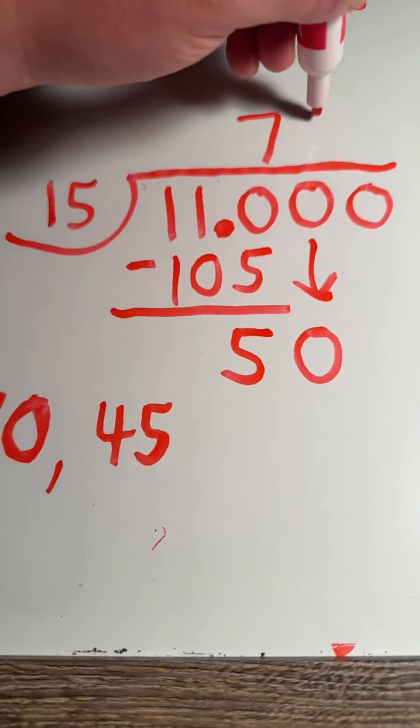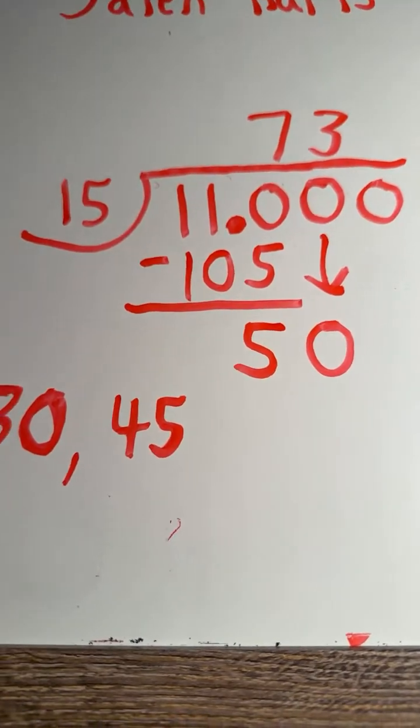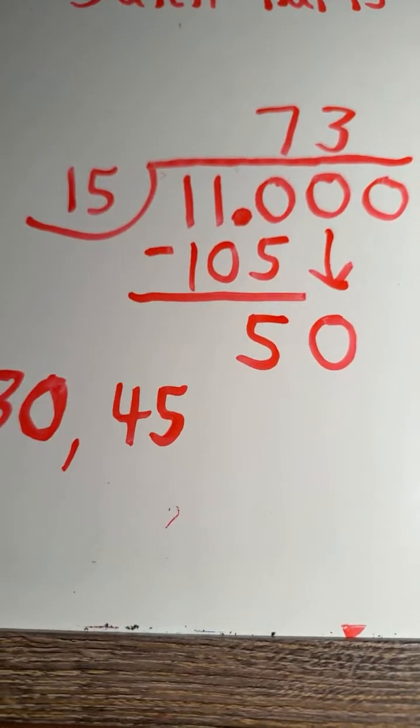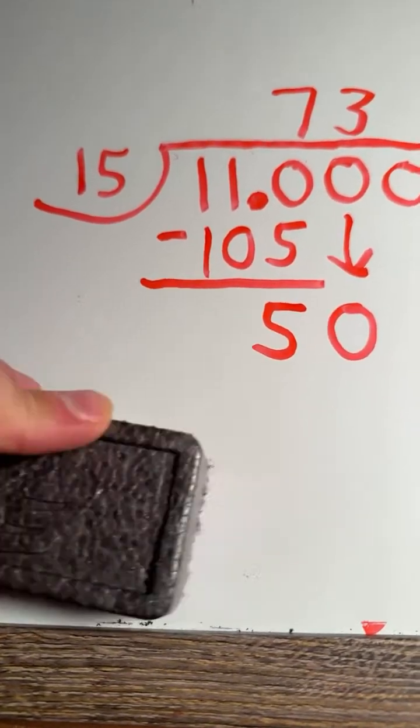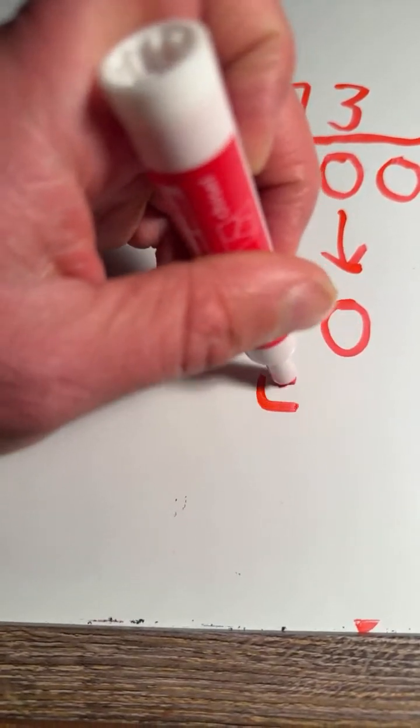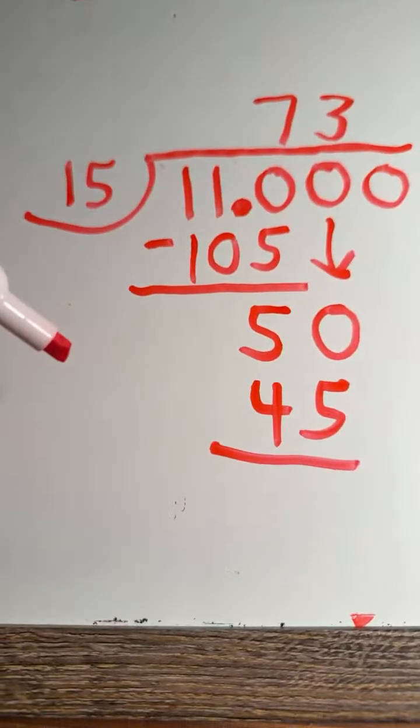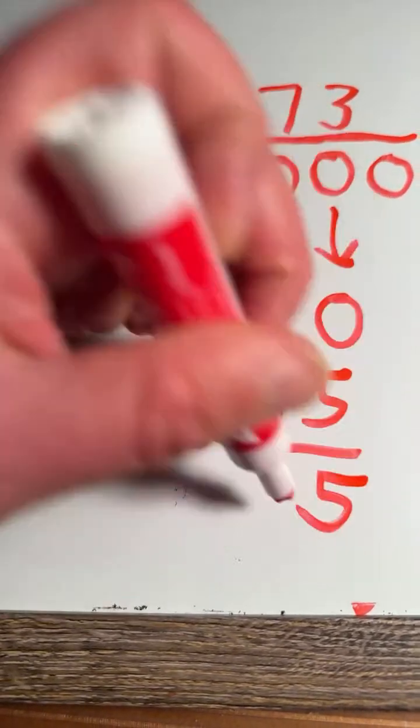So 50 divided by 15 equals 3. We will have a remainder. 45 is as close as I could get to 50 without going over. If I counted by 15 again, I'd be over 50. But 50 minus 45 equals 5.